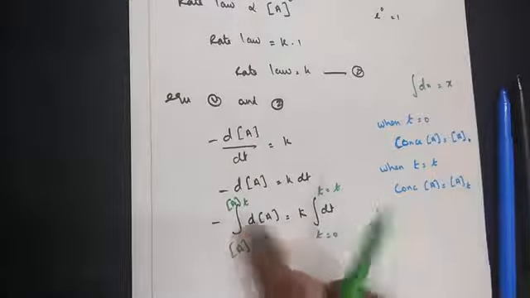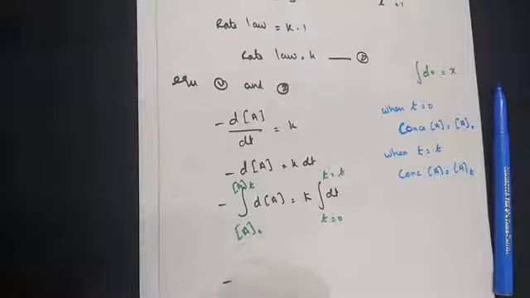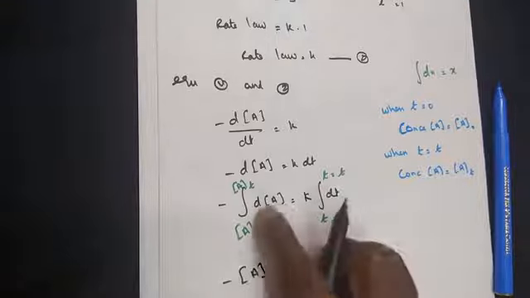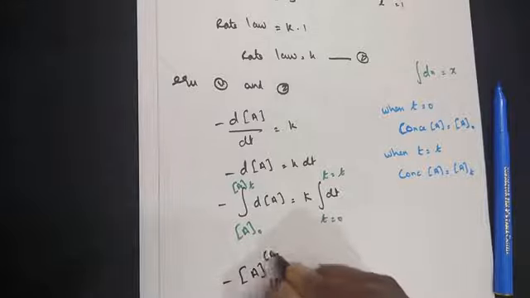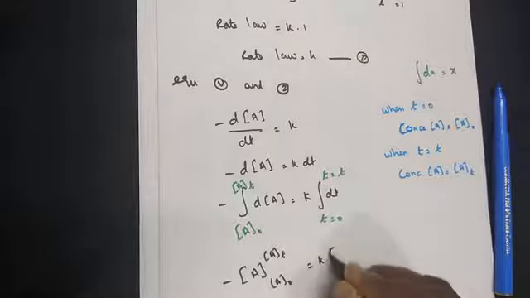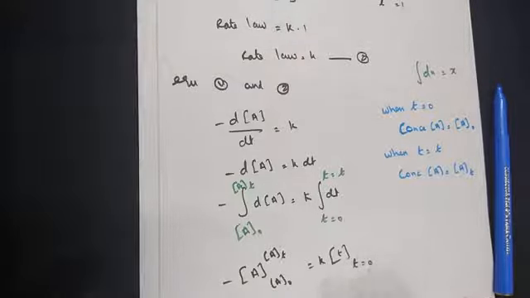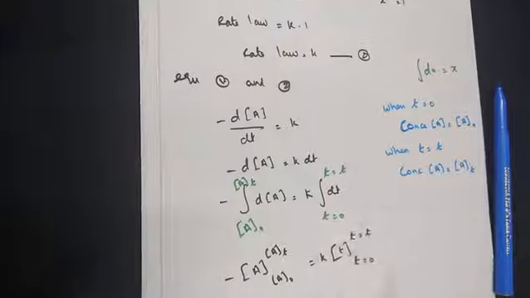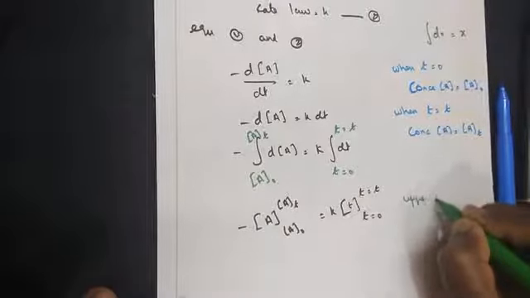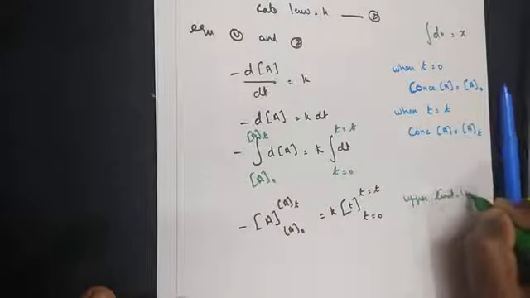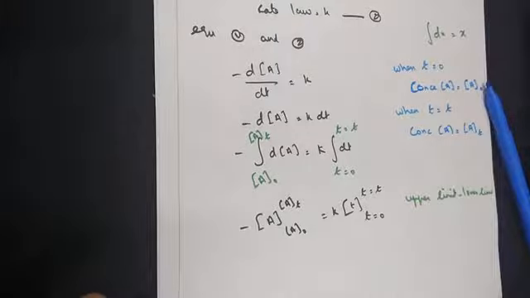So when we integrate, integration of dx gives us x as the answer. So in this case we get minus concentration of A, the d of A becomes A here, with limits A naught to At, is equal to K into dt, which gives us t as the answer, again with limits t equal to 0 to t equal to t. Now as we have learned in the first order reaction, write it in terms of upper limit minus lower limit.